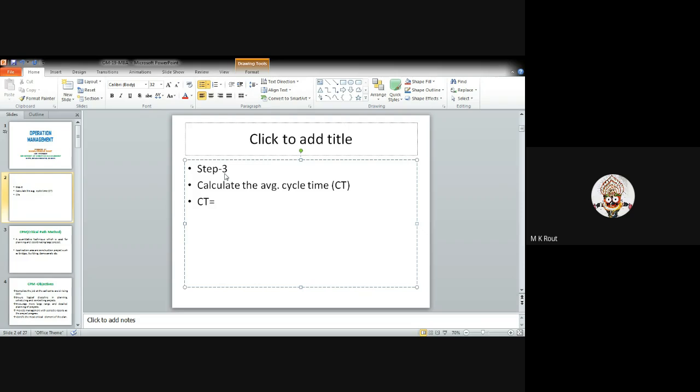The formula for cycle time equals the sum of times divided by the number of cycles. Is it clear to all?